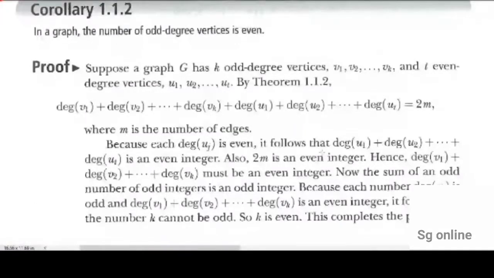If you see that there is an odd number of odd degrees, then immediately you can say that no such graph is possible, because the number of odd degrees is even. That becomes an immediate consequence of the theorem that the sum of degrees is even. So this is one result.